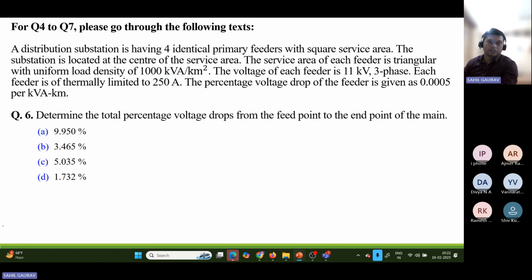Now let us move to the sixth problem. In this problem, they are asking the percentage voltage drop from the feed point to the end point of the main. So I am writing the expression of percentage voltage drop, K LE into SN, and you kindly solve this problem.